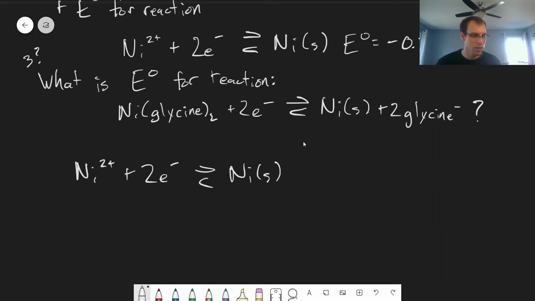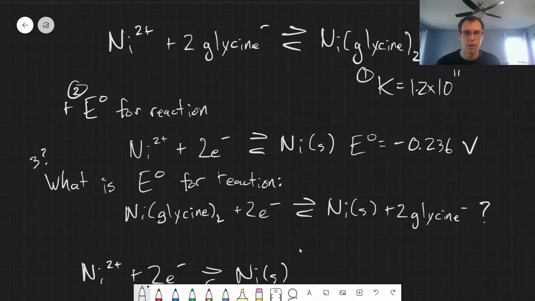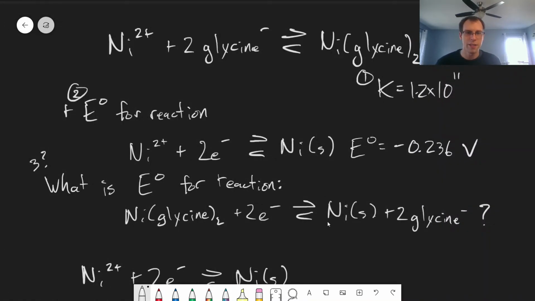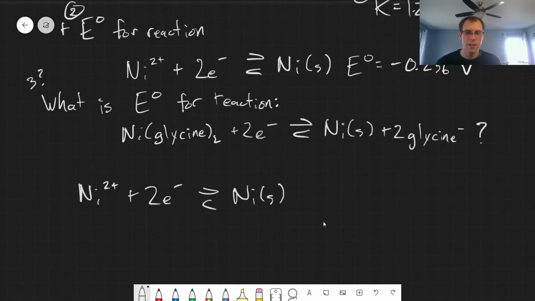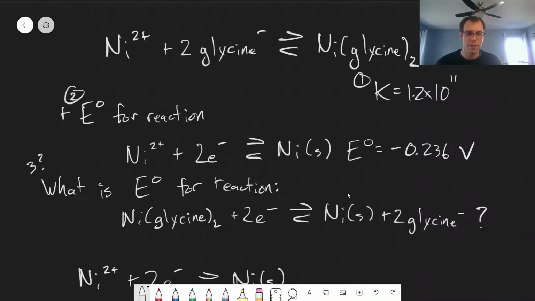Well, if we also include our first reaction, nickel plus 2 glycine goes to nickel glycine 2, that's going to be our total reaction. There's no electrons involved here.